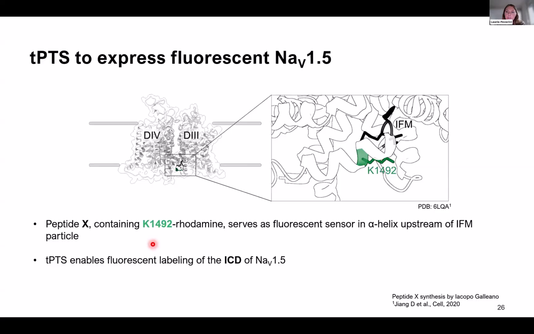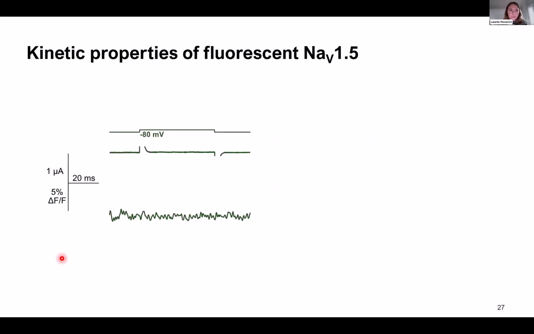So far in the literature, there are only a few studies of voltage clamp fluorometry on the intracellular domain of ion channels, and they have been mainly done with the method of stop codon suppression to incorporate a natural fluorescent amino acid. So this method of tandem protein trans-splicing really complements this approach.